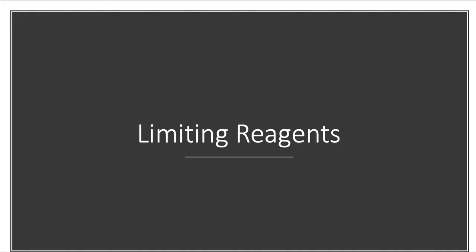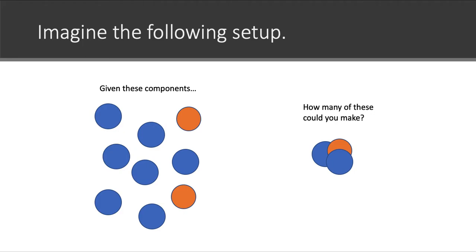Okay. The next step that we need to talk about is the limiting reagents. And as I said, limiting reagents are those reactants that will run out first. If I have this set up, for example, I have these two red balls, they're supposed to be red, but they look orange, and then I have these blue balls.